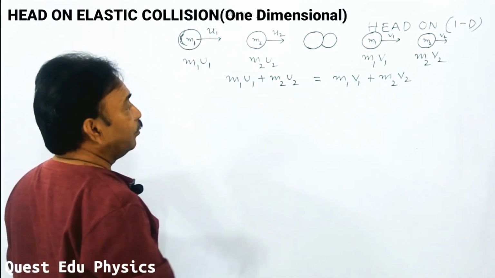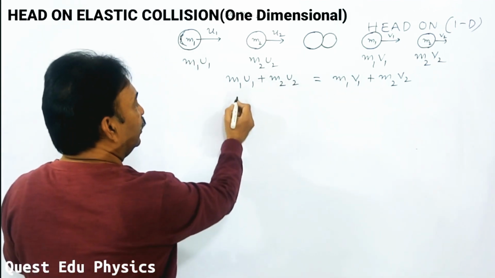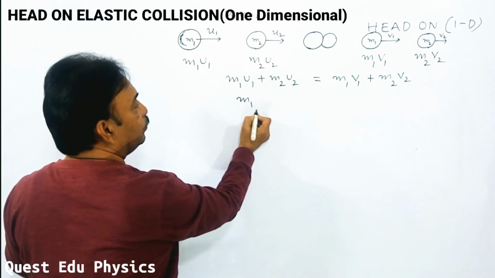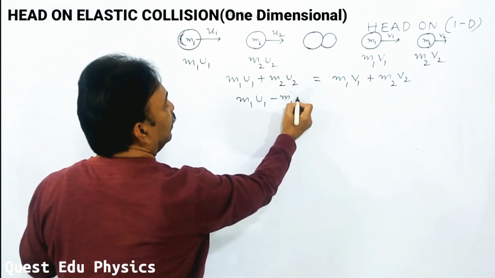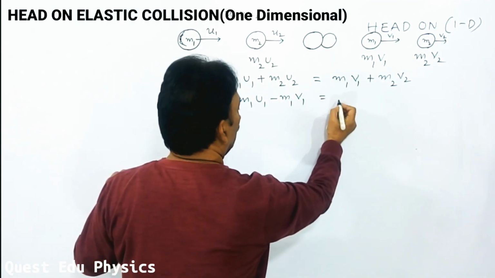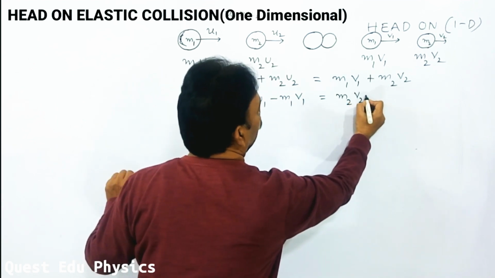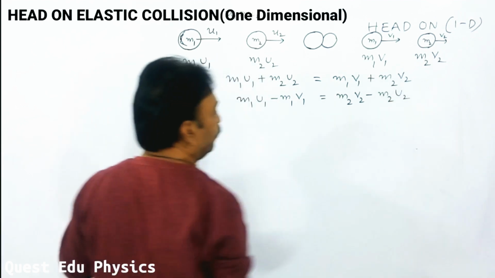Okay students, we are bringing the similar masses to one side. Then it can be rewritten as m1 u1 minus m1 v1 is equal to m2 v2 minus m2 u2.